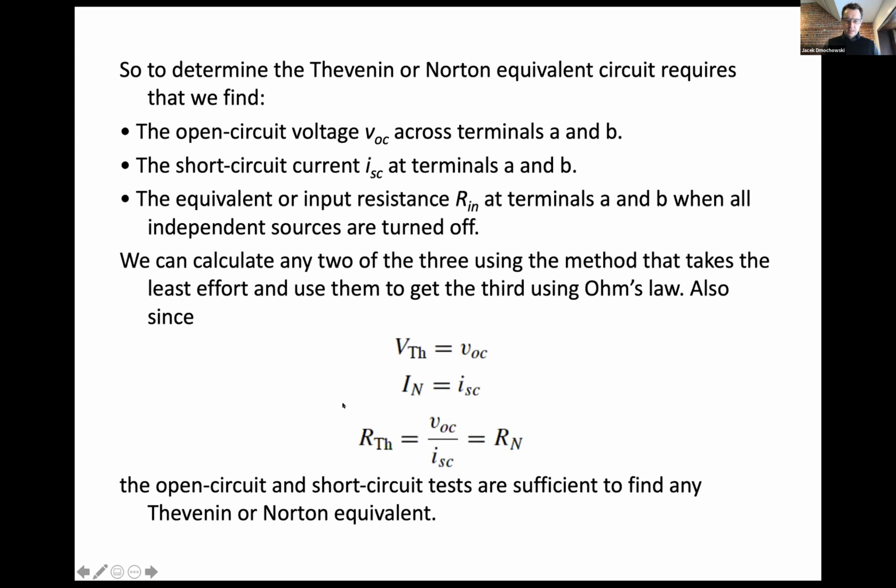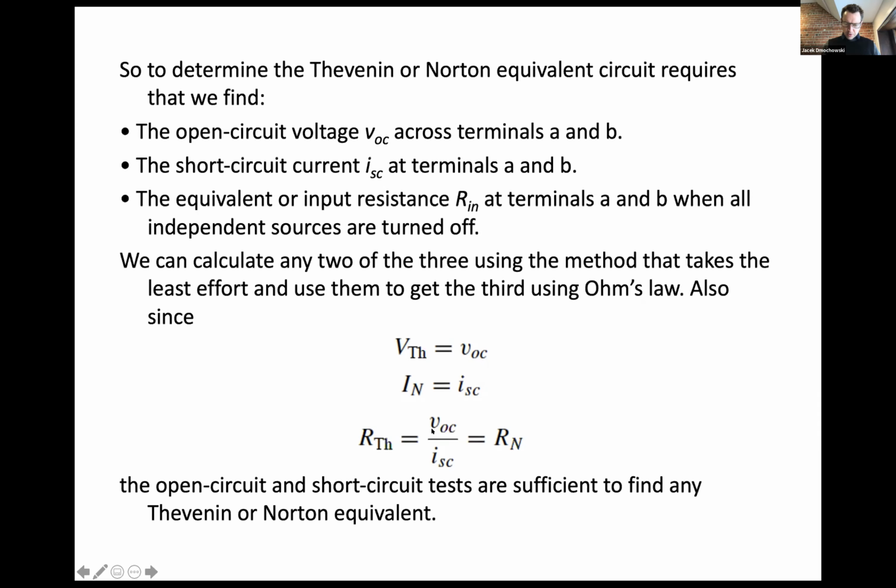So here are the three quantities expressed. The Thevenin voltage is just the open circuit voltage. So OC stands for open circuit. The Norton current is the short circuit current. SC stands for short circuit. And the Thevenin resistance is equal to the Norton resistance.